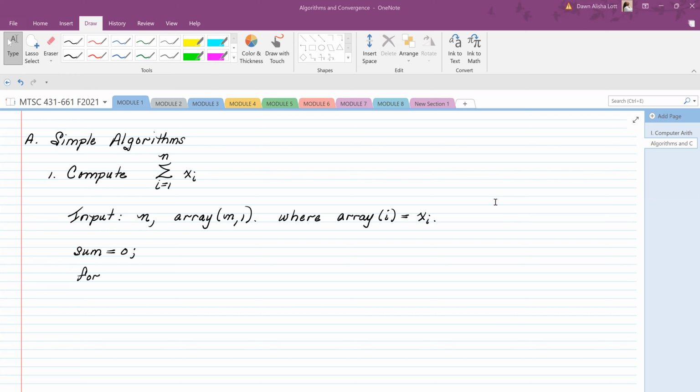Yeah, for i equal 1 to n, sum is going to take whatever the sum was, add to it array at i.